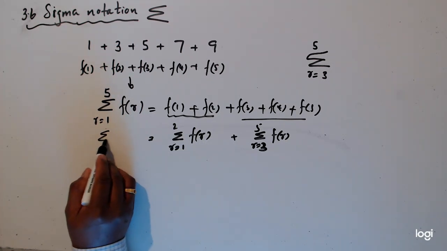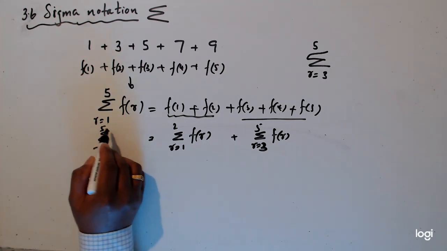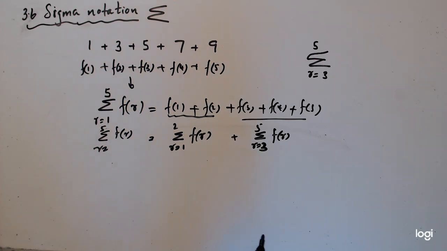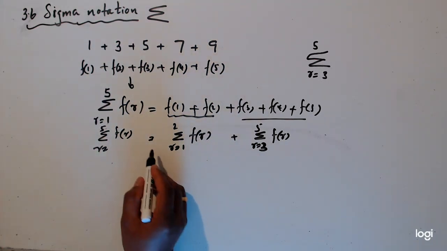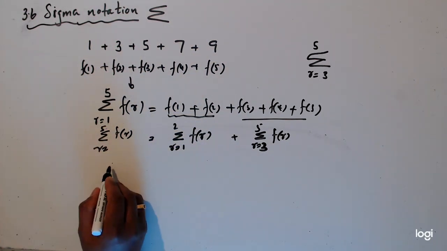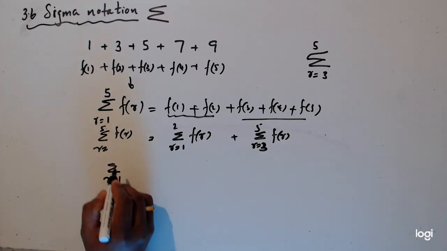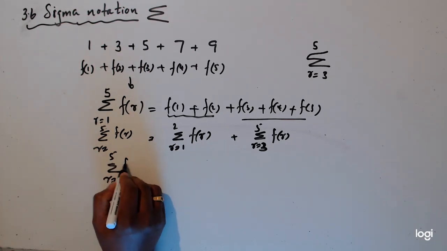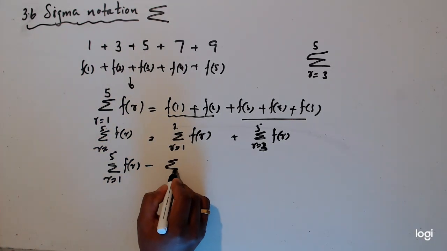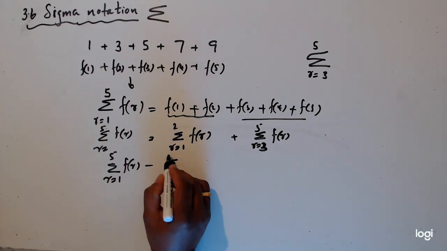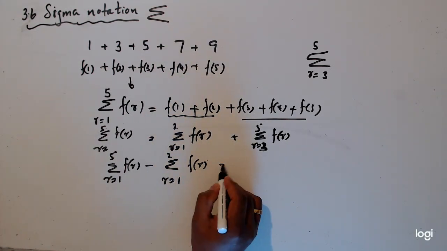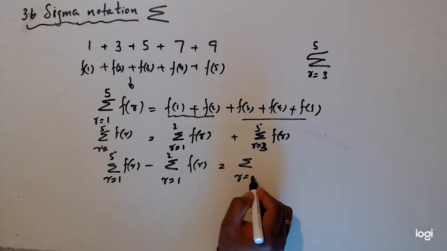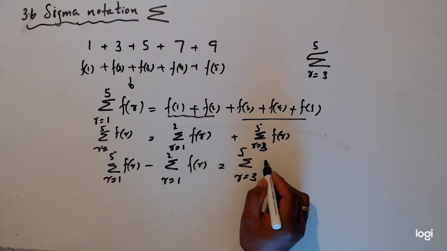Now we know this is r equal 1 to 5 f r, then I'll bring this one to left. Summation r equal 1 to 5 f r minus summation r equal 1 to 2 f r equal summation r equal 3 to 5 f r.